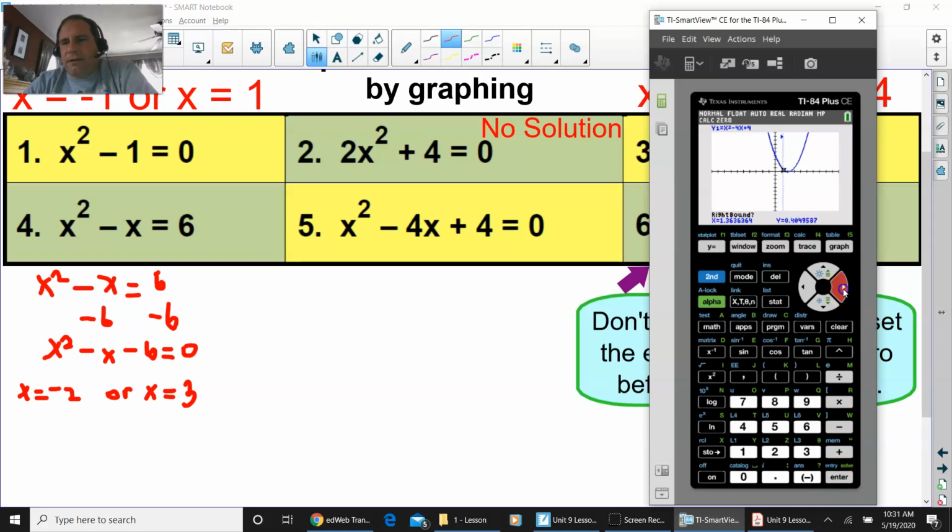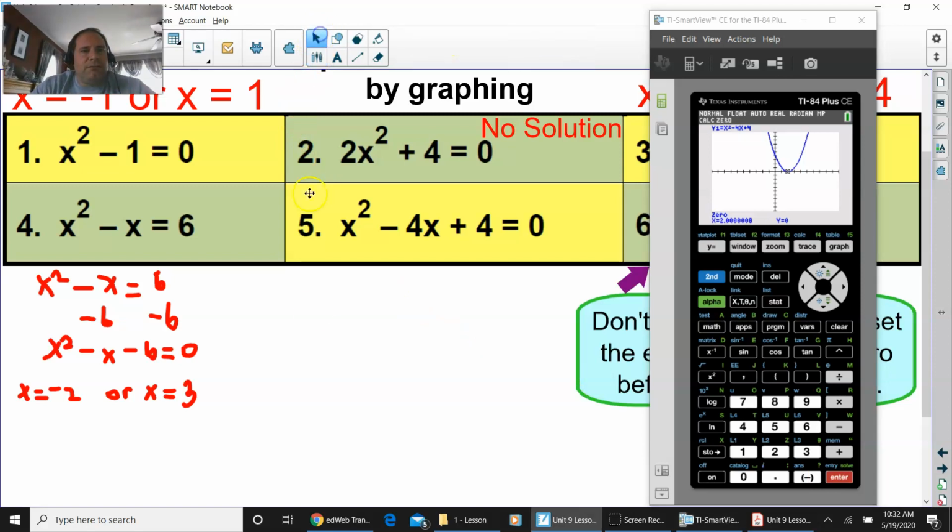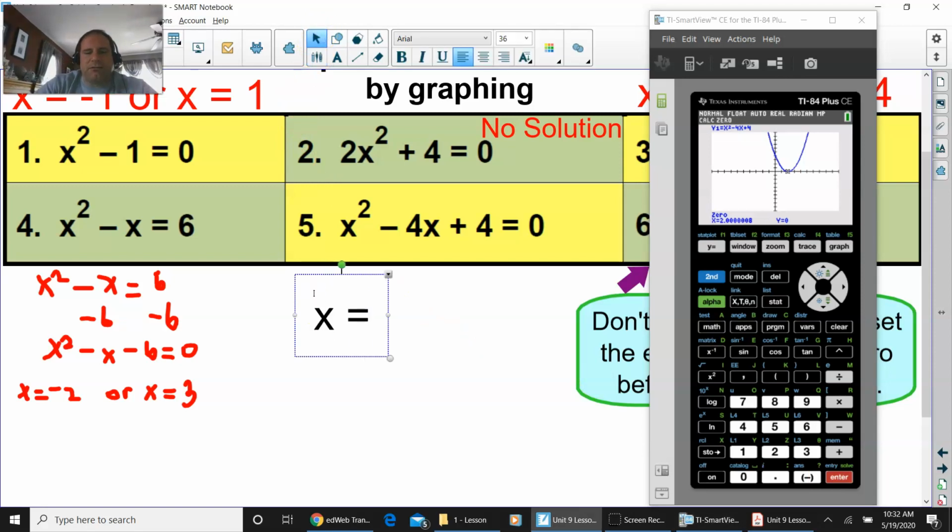And then I'm going to bring right down here. And my guess will be somewhere around there. And it is 2, comma 0. So the root is x equals 2, a single root.